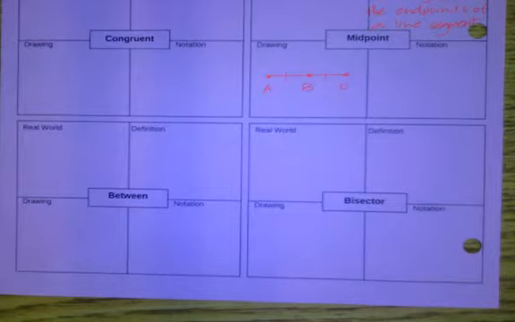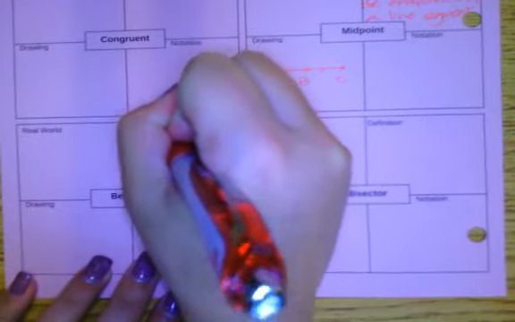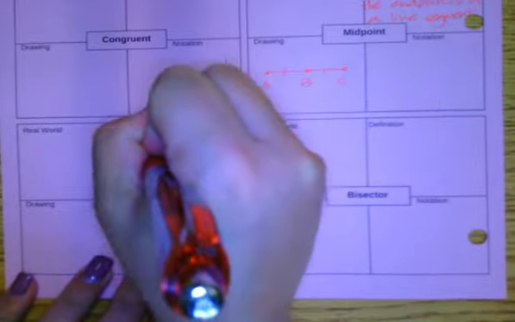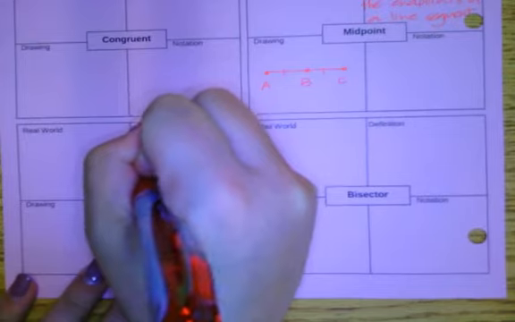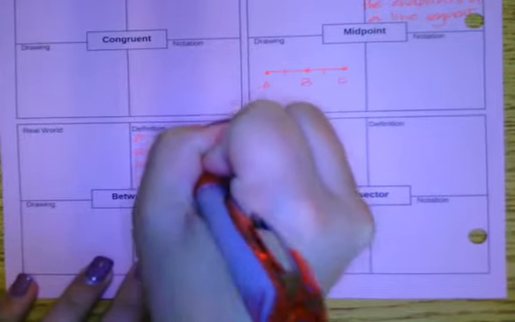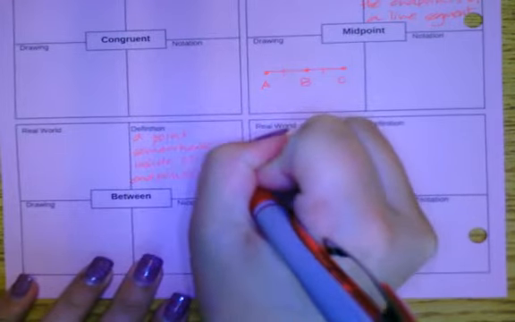I get what you're trying to say, but it's hard to not use the word between, huh? So, who has a way that you could say it? A point somewhere inside two other points. Perfect. A point somewhere inside of two endpoints of a line segment.